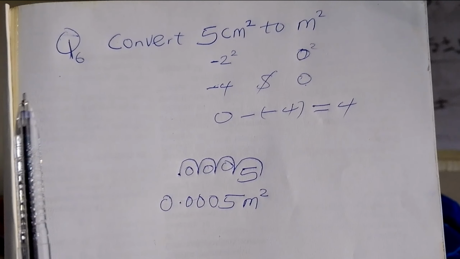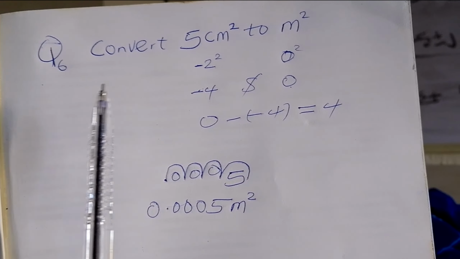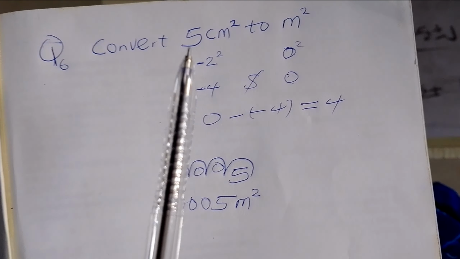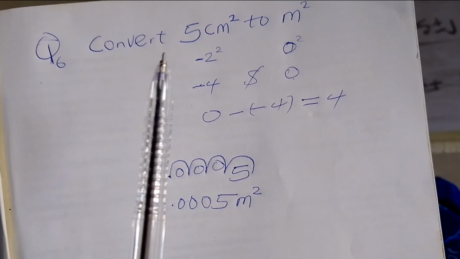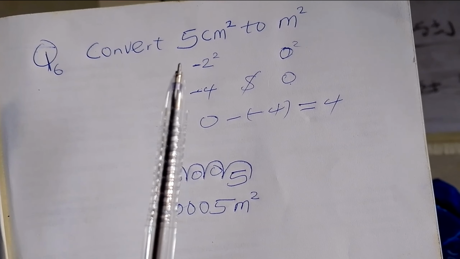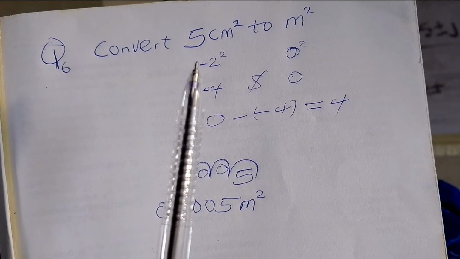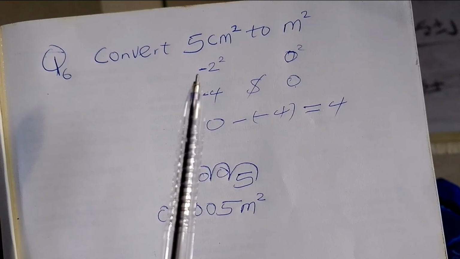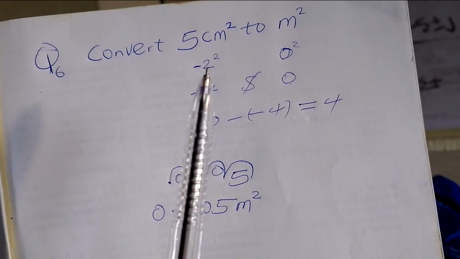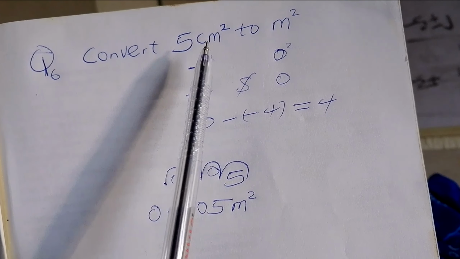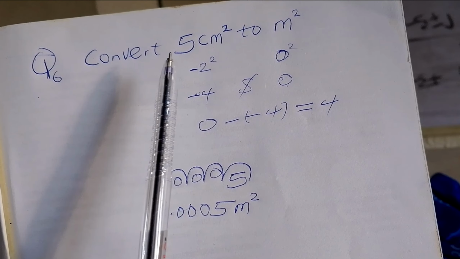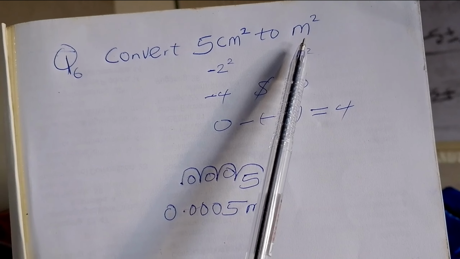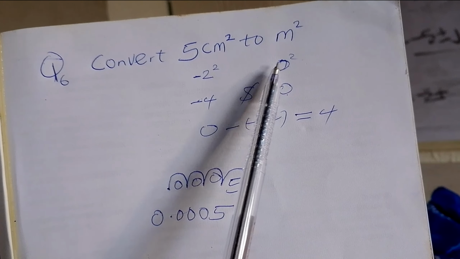Okay, in question number 6, we are asked to convert 5 centimeter square to meter square. Now you should know we are dealing with units of area here. The point here is that when converting units of area, you have to square the 2 prefixes before taking your positive difference. Here we have centi, and centi is 10 power minus 2. We have our minus 2 here, and meter as a base unit is 10 power 0.